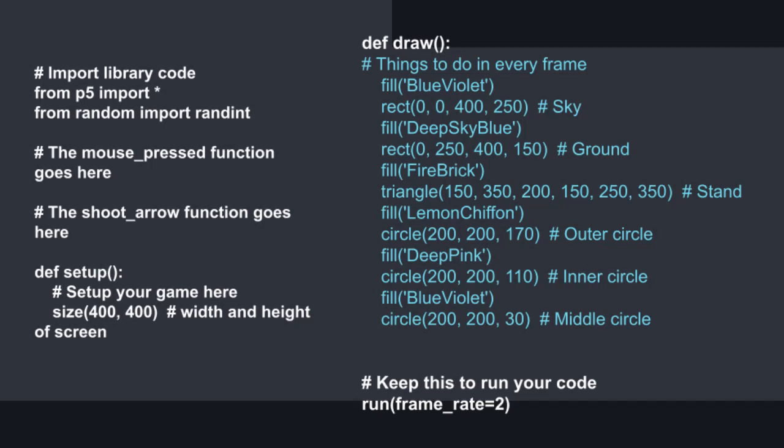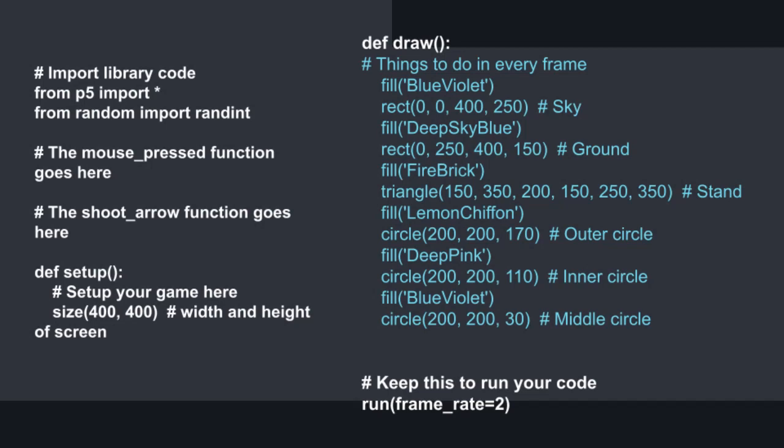Final code. Def draw. Fill, blue violet, rect, 0, 0, 400, 250. Fill, deep sky blue, rect, 0, 250, 400, 150. Fill, fire brick, triangle, 150, 350, 200, 150, 250, 350.